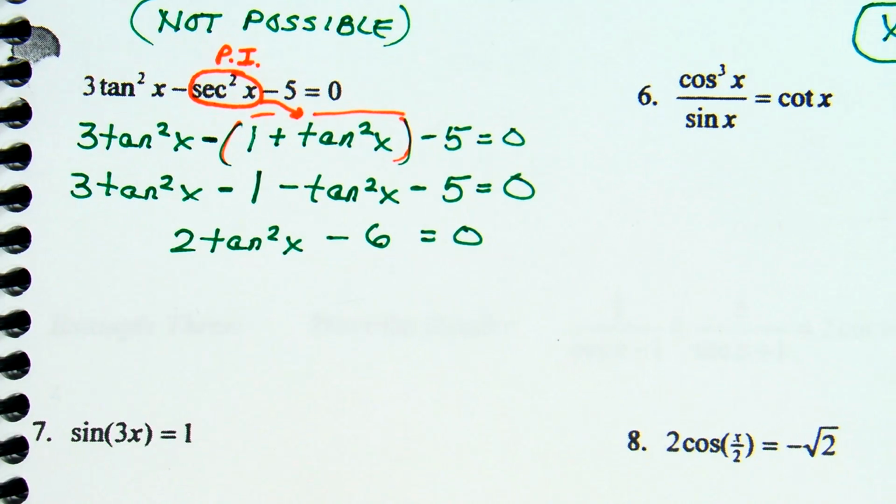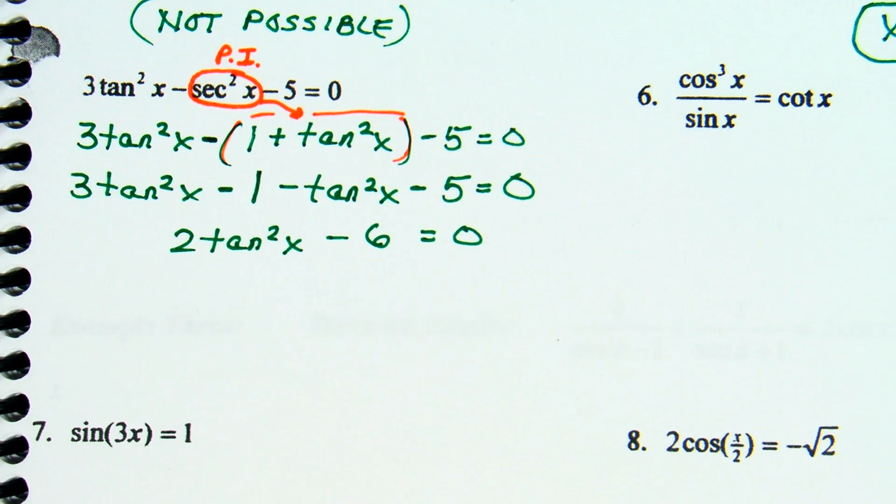Okay. Notice we're at a point now where we just have one trig function, yes? Yes, it's a trig function squared, but it's just like working if this was 2x squared minus 6. If you hit a confusion point, pull that tangent out for a moment, just say, okay, how would I solve this if it was 2x squared minus 6? Because those are the steps you're taking.